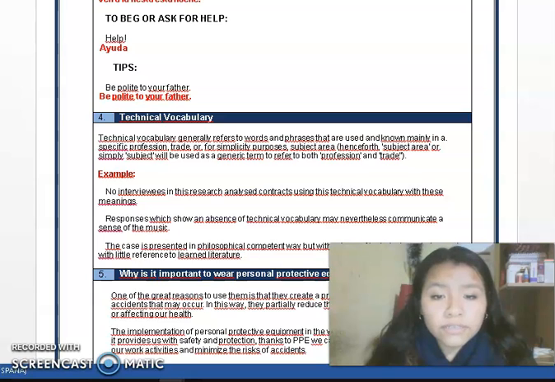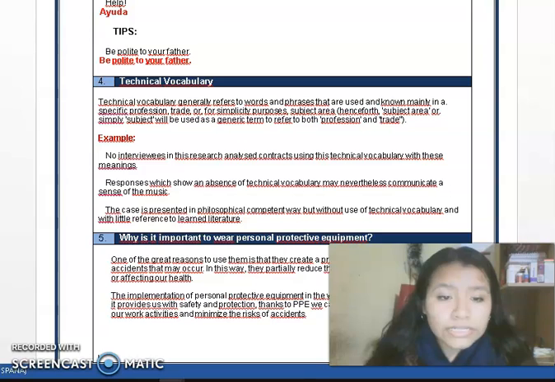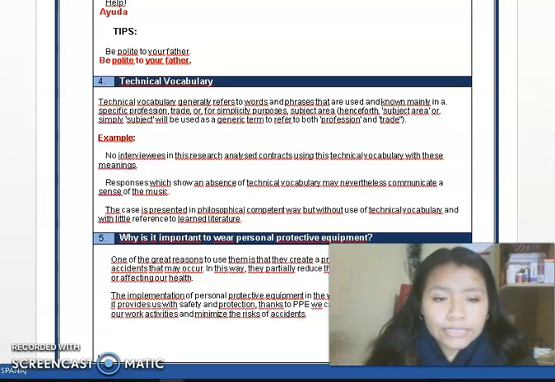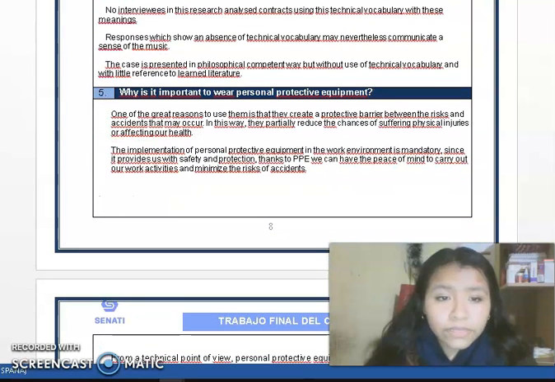For example, in the research analysis the interviews and contracts use this technical vocabulary with these meanings. It is present in philosophical competence, but with due use of technical vocabulary and with little reference to literature.